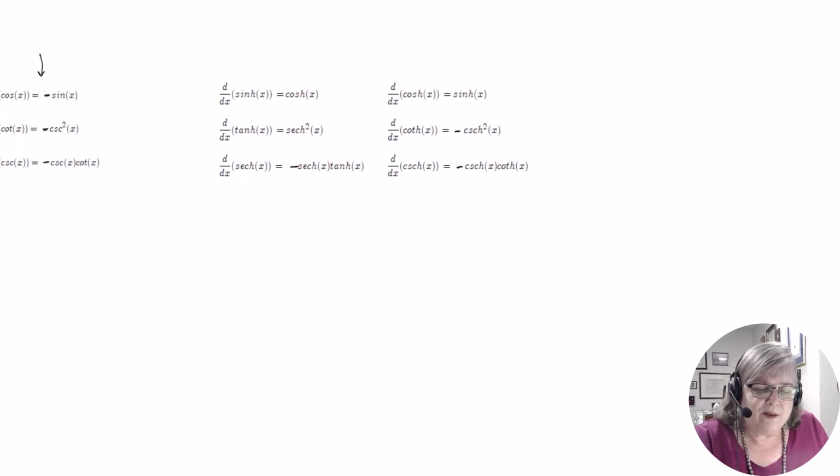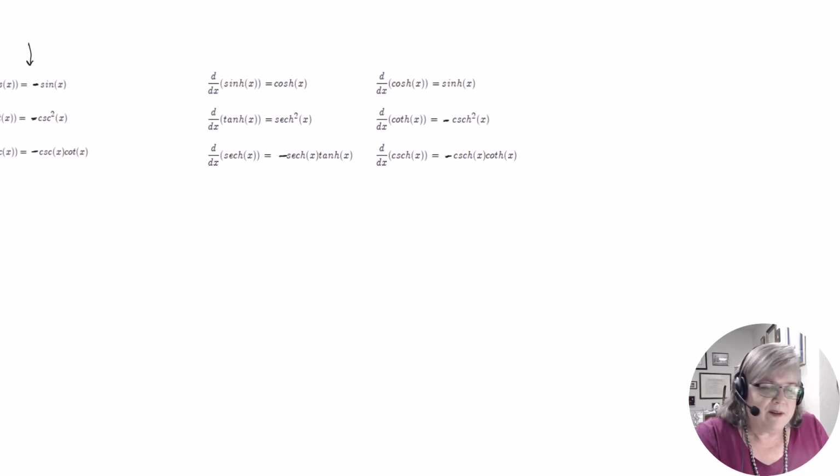Now, the other thing you might want to be aware of, this actually helps more in limits, right? But when you had the graphs, you know what the sine curve looks like, right? But the hyperbolic sine curve looks almost like the tangent curve. Okay, so this is the hyperbolic sine curve.